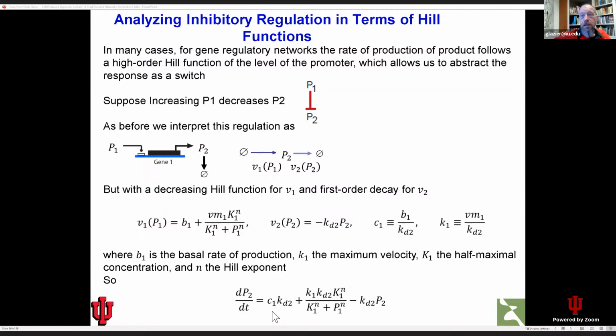I add the two together, C1 KD2, the basal transcription, plus the decreasing Hill function minus KD2 P2. I set the left-hand side to 0, solve for P2, and all I have to do is move it to the other side and divide by KD2. And you see why I put the KD2 in, because then the KD2 cancels out everywhere when I write it.